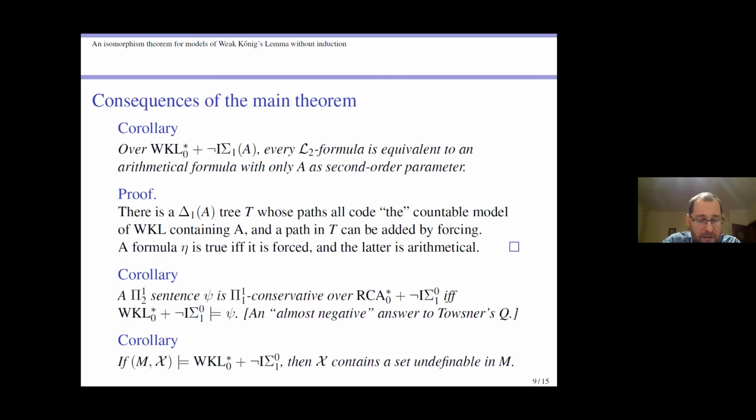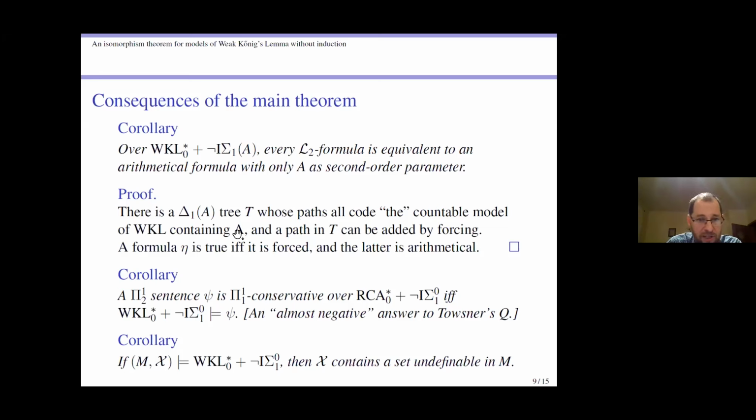Given this set A violating induction, there's a single tree T such that any path in this tree T will code, in the sense of a countable coded model, a model of weak Kőnig's lemma that contains the set A as one of its elements.